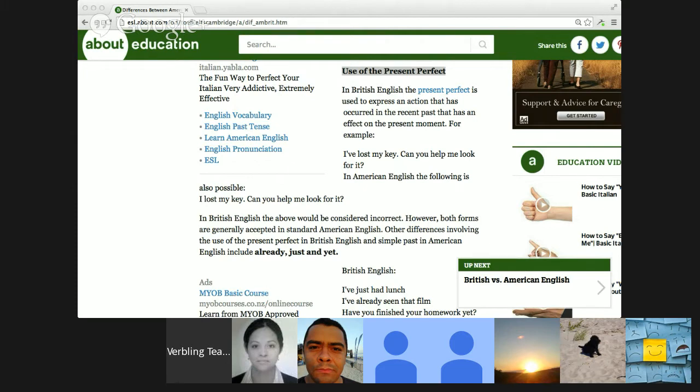I lost my key. Can you help me look for it? In British English, the above would be considered incorrect. However, both forms are generally accepted in standard American English.